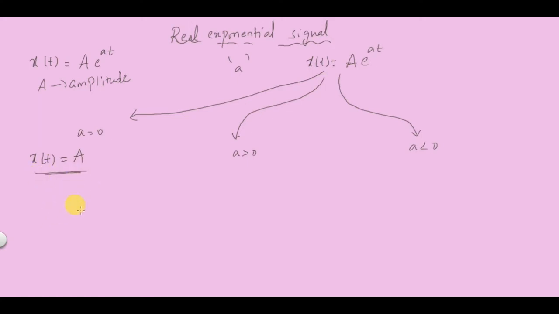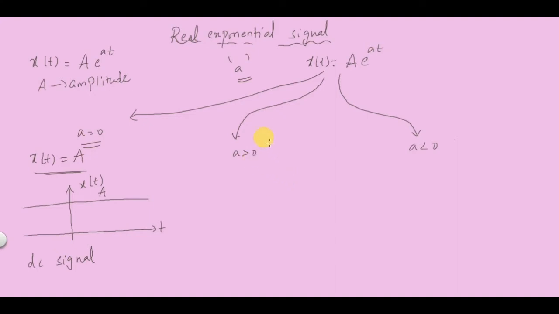If you draw this signal, x of t has amplitude A. That means it is a DC signal. So the real exponential signal becomes a DC signal if the value of small a is equal to 0.